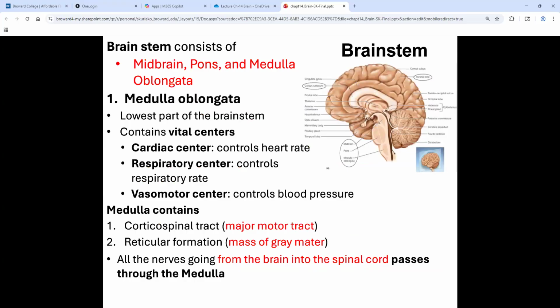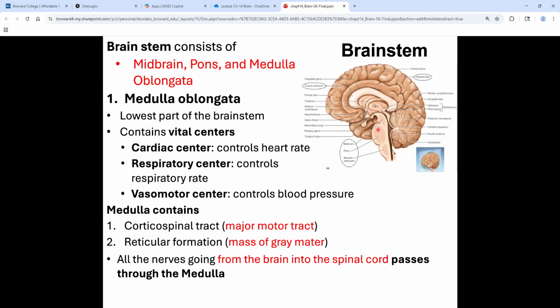All right, moving down, let's go to the third part, which is the brainstem. And the brainstem has got 3 regions. So this little part here is the brainstem, 3 regions. You have a midbrain, you have a pons, and you have a medulla oblongata. And I told you what's the importance of the brainstem?